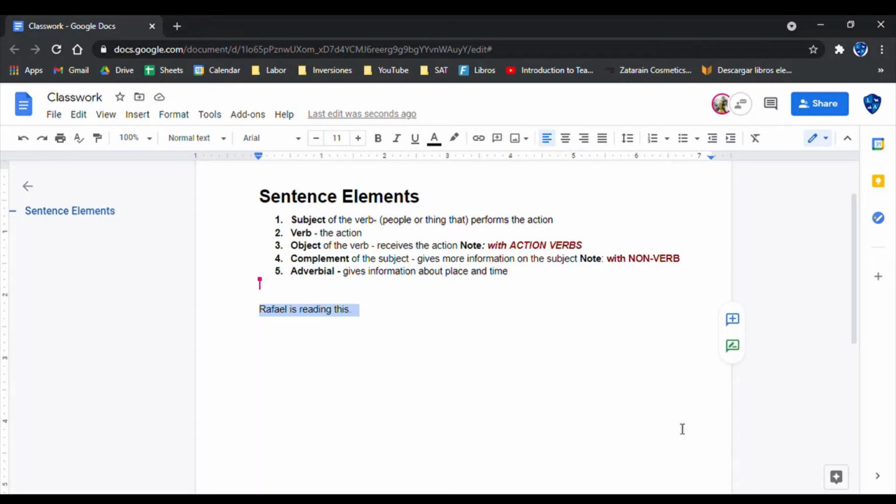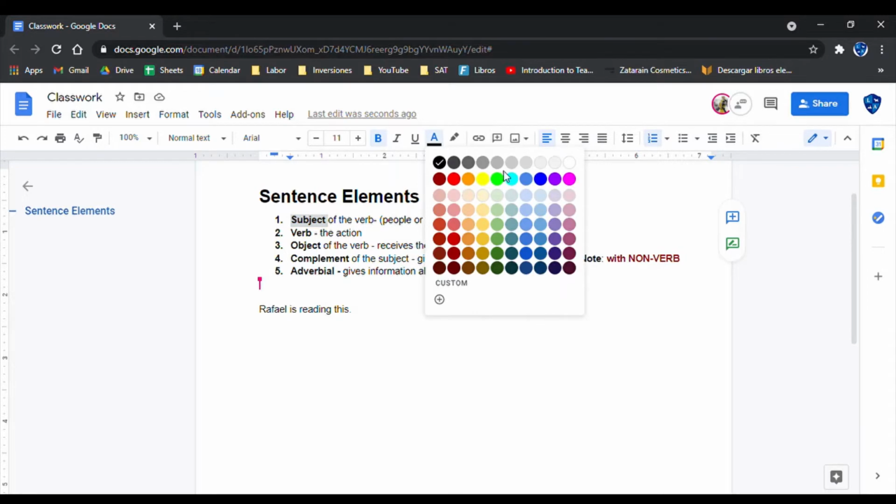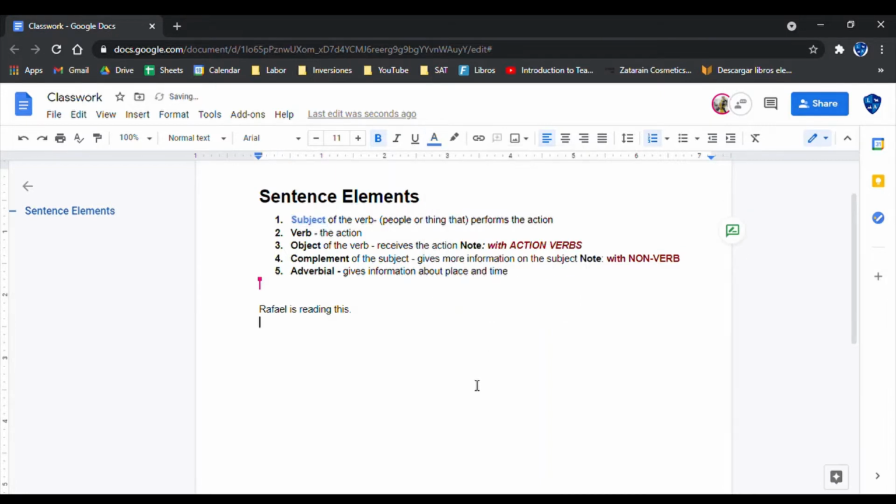I want you to help me, not today, but all the classes and the future classes. All of the subjects are going to be this blue here. Cornflower blue. The verb is very important because the verb tells us a lot of information.